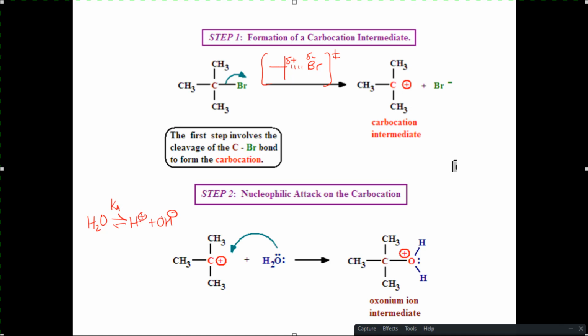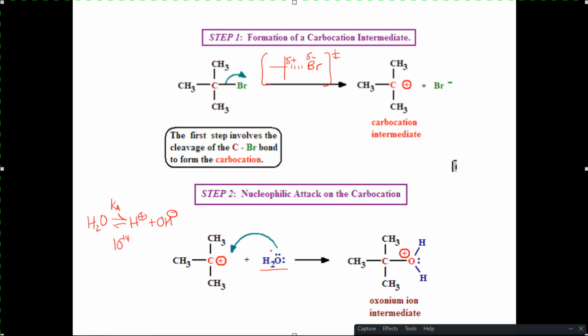This is the autoionization equilibrium of water. And how big is this equilibrium constant? It is 10 to the minus 14th. How much hydroxide is present in pure water? Not very much. So in organic, we're going to treat this as the entire nucleophile. Do not break up the water.